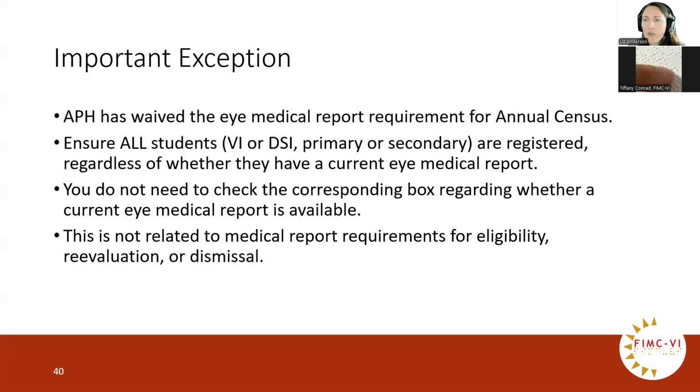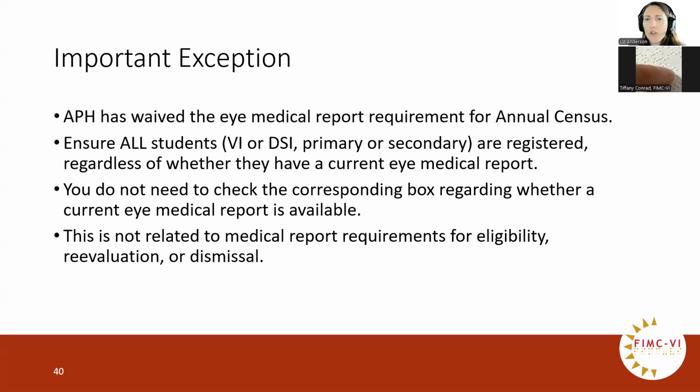So let's go back to the iMedical information there. We do still have on our form a checkbox about having the current iMedical report. That is no longer a required field. It has not been required for several years now, I think since maybe 2020. You do have to have some kind of iMedical information though.